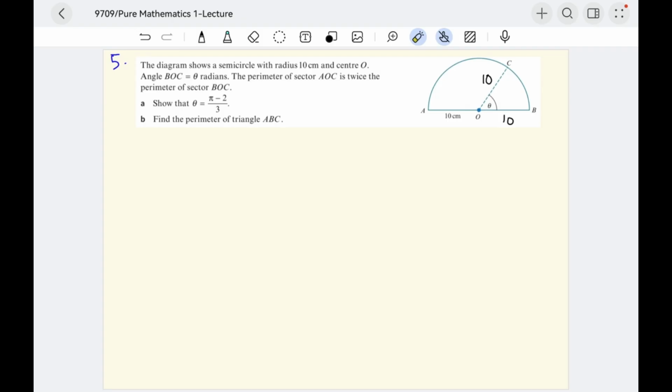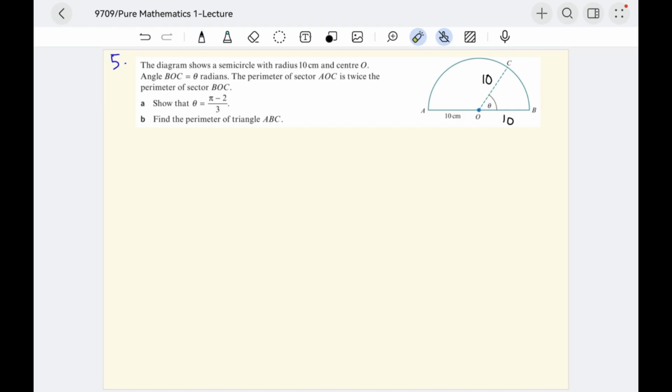Sorry, I need to finish reading the question. The perimeter of AOC is twice the perimeter of BOC. This means the total perimeter is two times the perimeter of OBC. So what should I do?